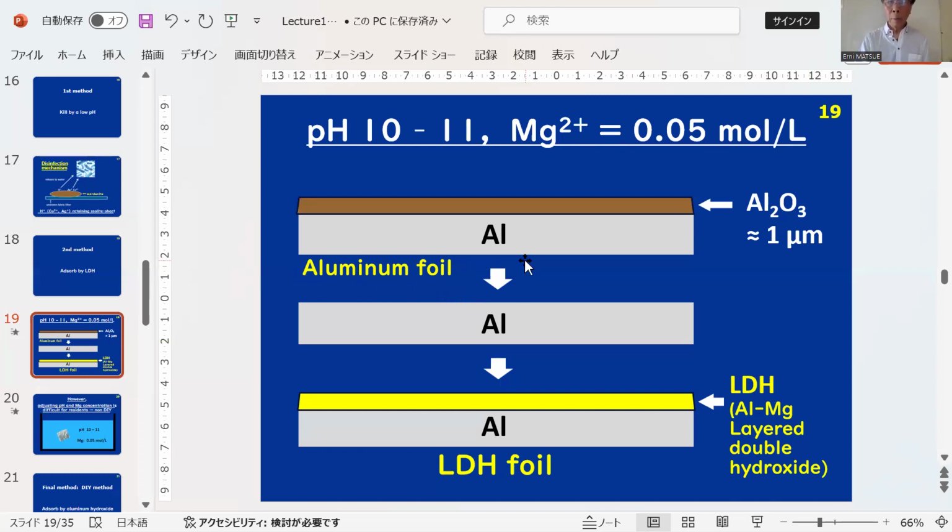Aluminum foil: the surface is covered by oxide. Do you know? Aluminum oxidizes very quickly, and the surface is covered by oxide of about 1 micrometer.